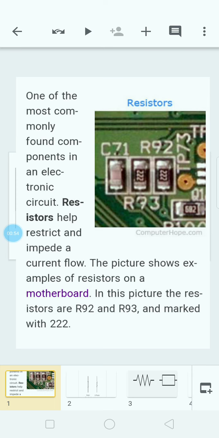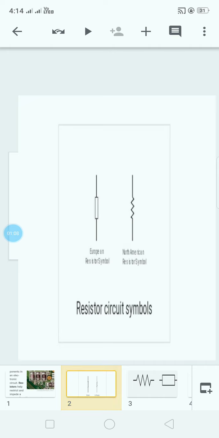If too little current reaches a component, it may not operate. If too much current is allowed through, it can damage the component. Therefore, resistors play an important role in an electronic circuit.